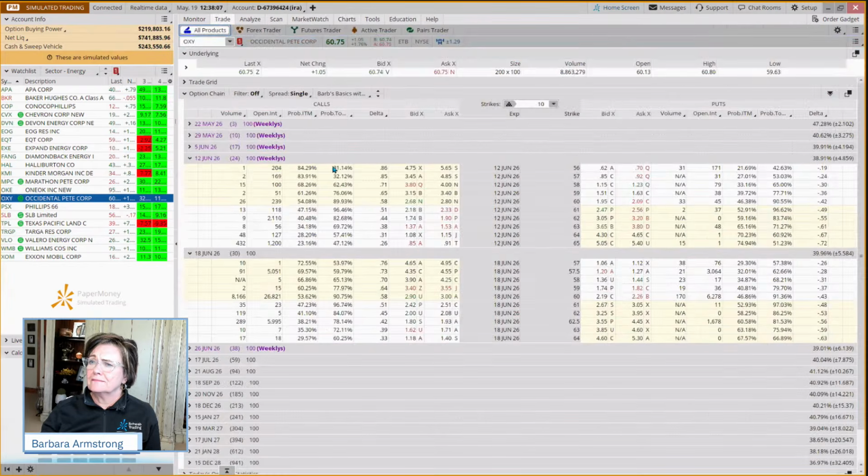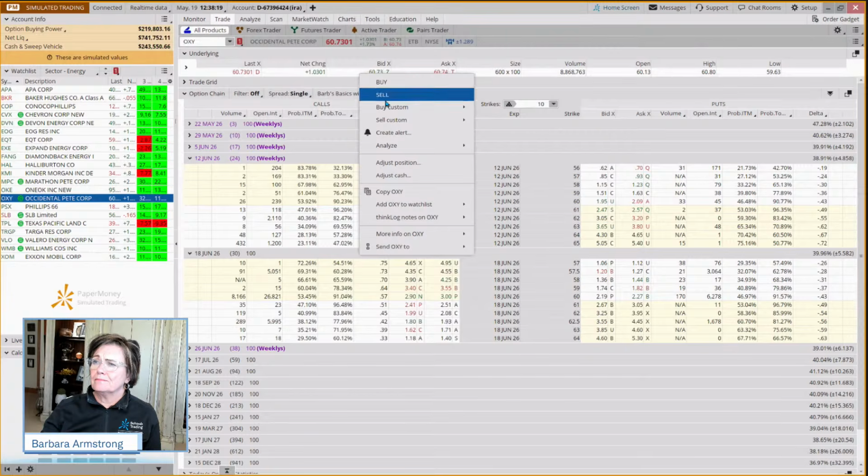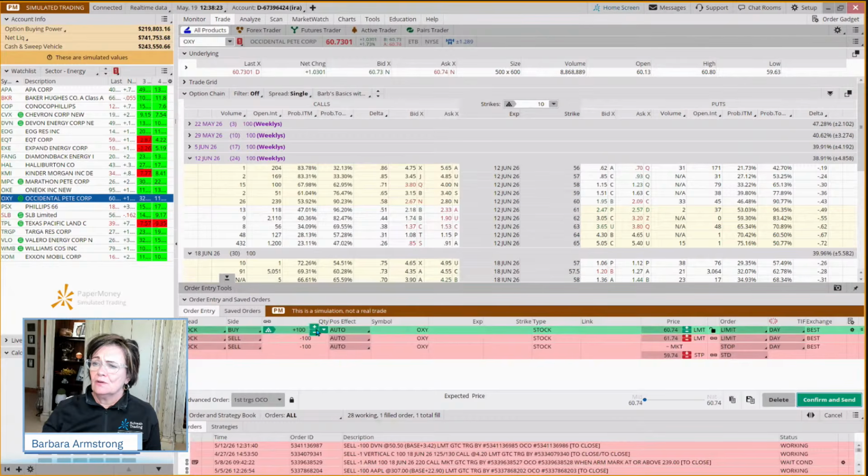So we're going to look at buying, in this case, and you might say, well, I'm going to leg in, I'm only going to buy half a position. We're going to go ahead and just buy our full position with our OCO bracket. We're going to do 400 shares. And our target on this is going to be 67.